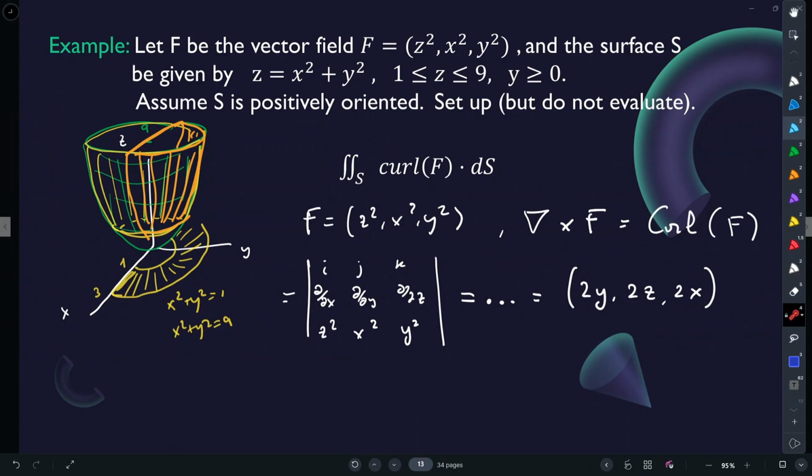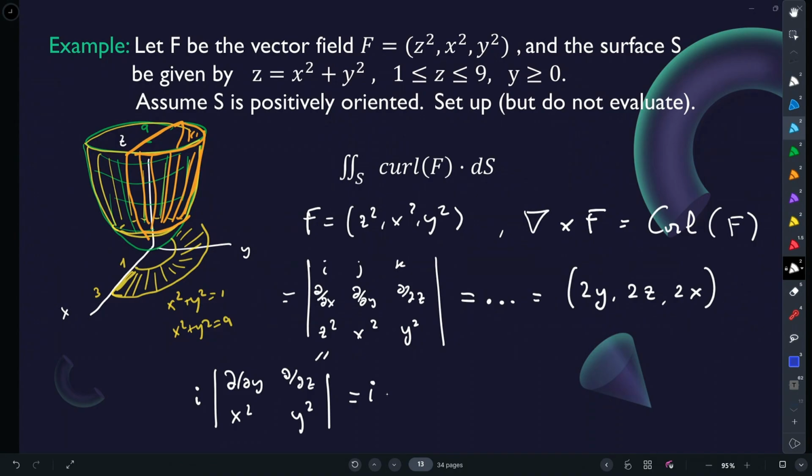Are you saying, why is this component non-zero? So this component right here comes from doing this determinant, right? Remember that to compute this cross product, this is going to be i times the derivative with respect to y, derivative with respect to z, x squared, y squared.